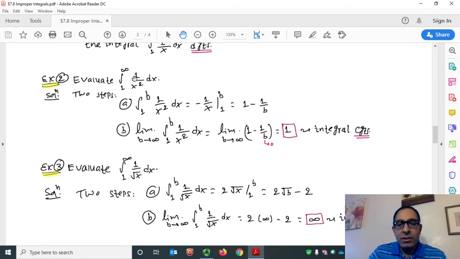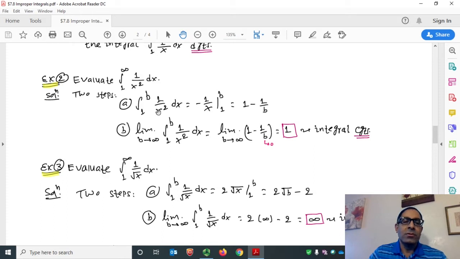Example 2. Evaluate the integral of 1 over x squared from 1 to infinity. So again, let's begin the solution. We first evaluate the definite integral. I'm truncating at a finite number b, so evaluate the integral from 1 to b of 1 over x squared. The integral of 1 over x squared is minus 1 over x.